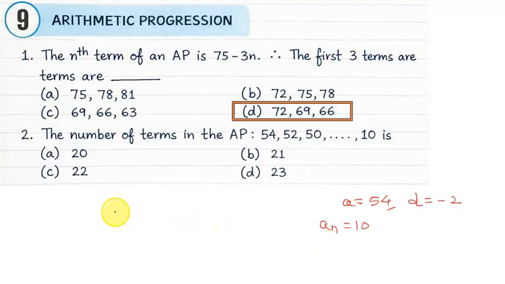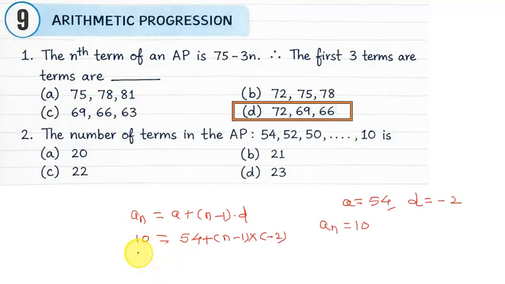What is the formula for an? That is an = a + (n - 1)d. Now substitute the value of a, that is 54 + (n - 1) into d, which here is -2. The nth term is 10 here. Okay.